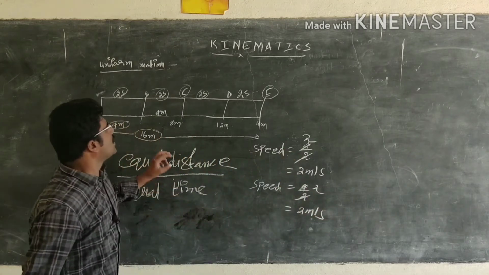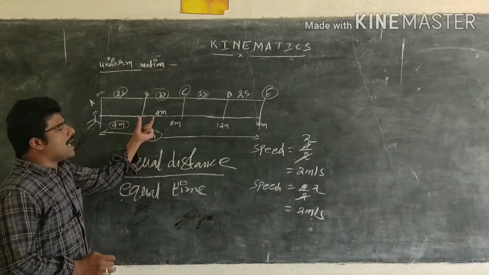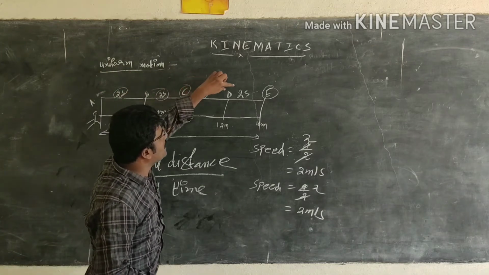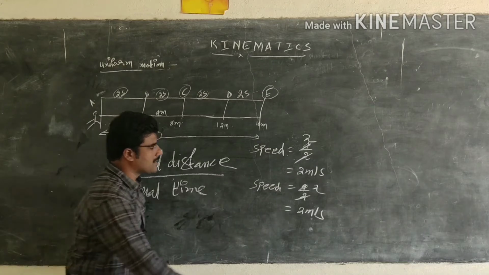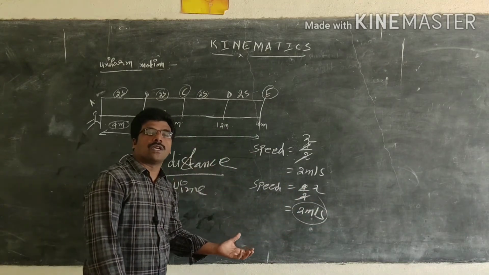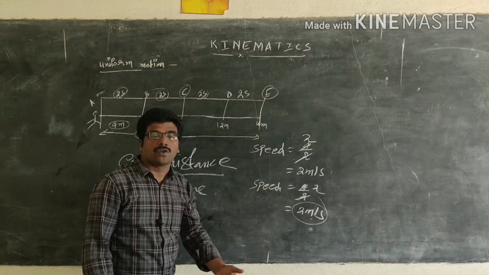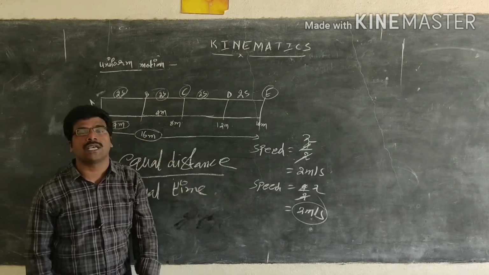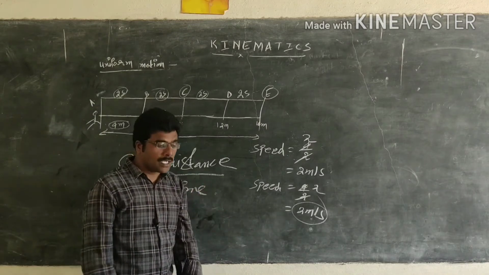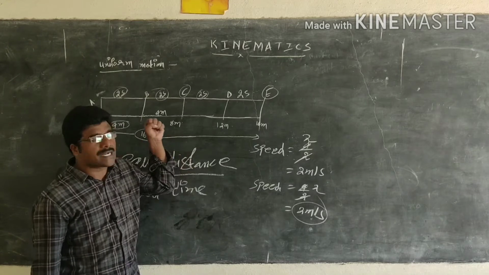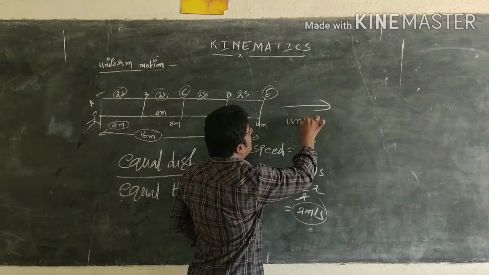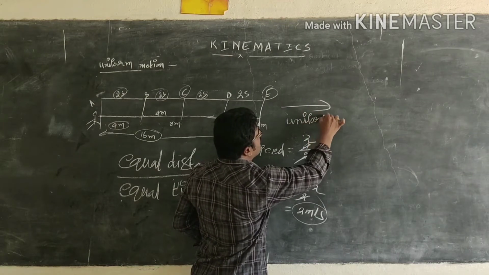In this way, if you calculate the speed in any interval, A to B, B to C, C to D or D to E, we get 2 meters per second. Hence that speed is known as uniform speed. So, when a body is traveling in uniform motion, its speed is known as uniform speed. If a body travels in a particular direction, then it is said to have uniform velocity.